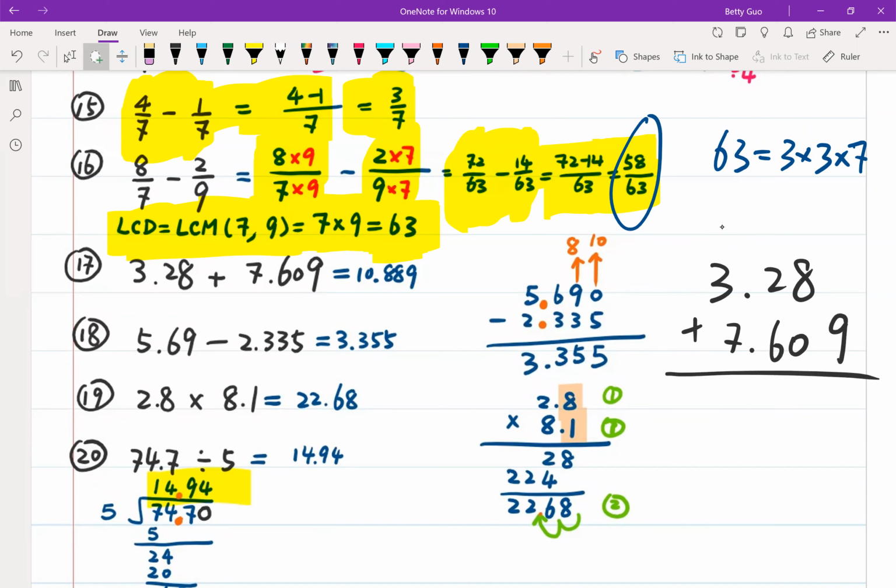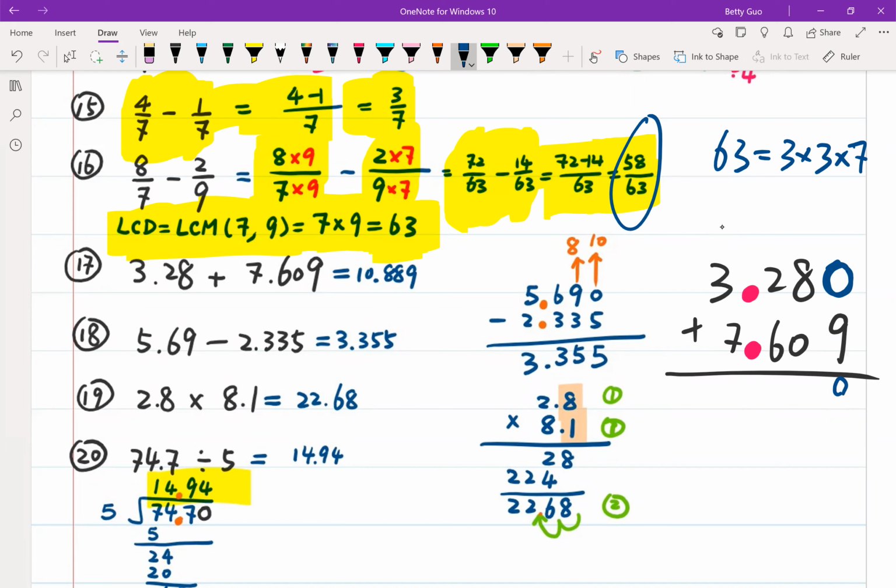When we add two decimals, we need to line up their decimal points. We can see we have 3 digits to the right of the decimal point in the second decimal. We only have 2 digits to the right of the decimal point in the first decimal. So we can put a 0 here to hold a place. And then we add them.